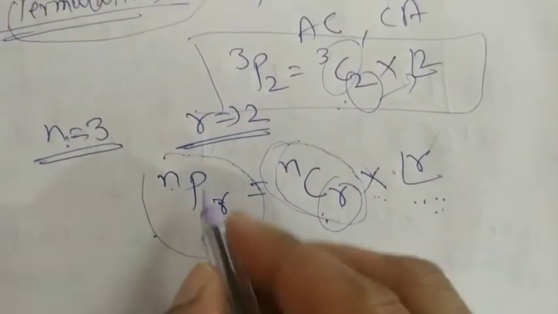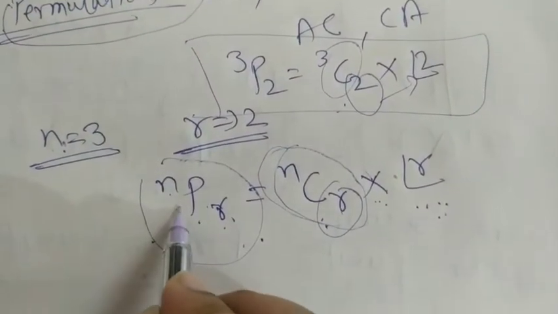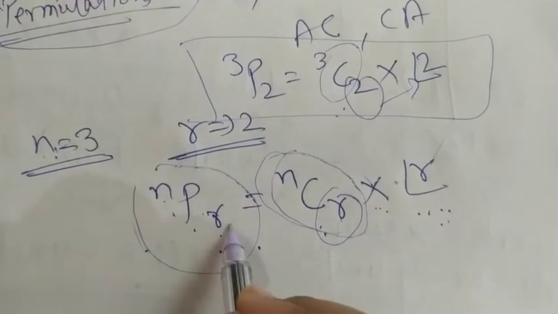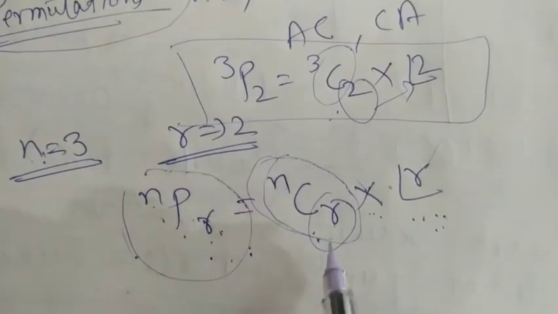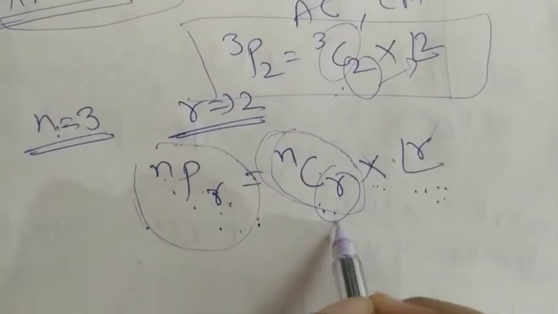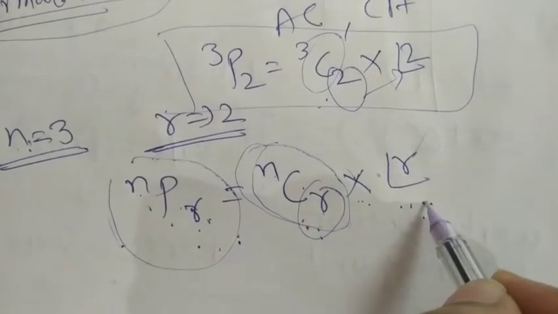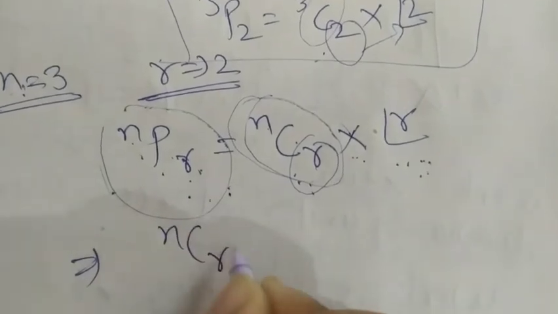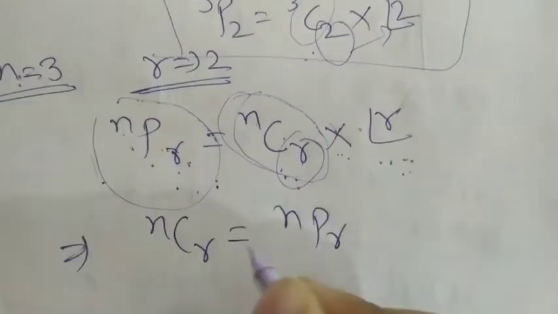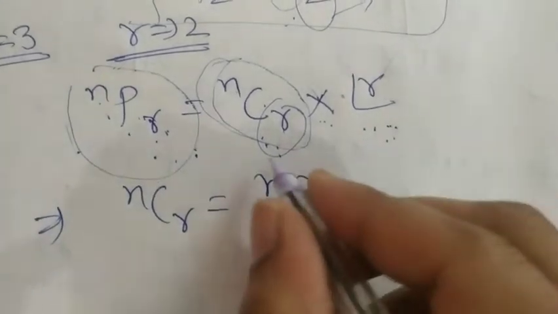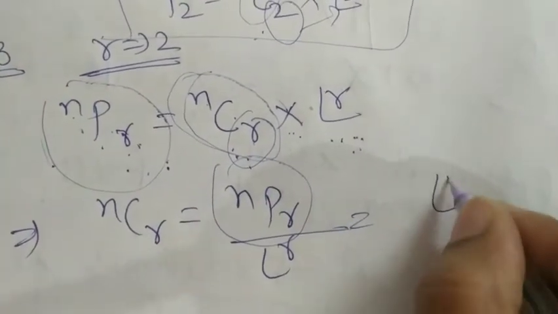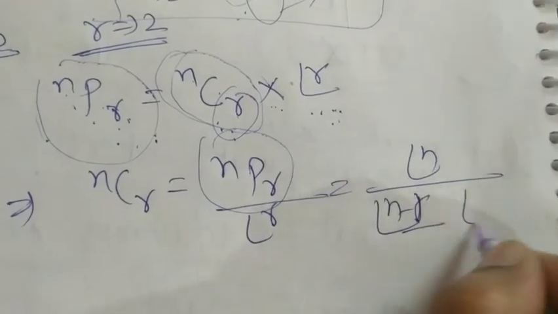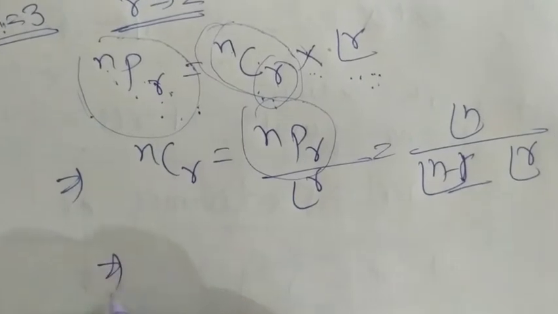Now if I have n objects total, and from that I am to take r objects at once, then the total number of permutations will be equal to taking r objects as a group and after that arranging them. So I can write here nCr will be equal to nPr upon factorial r, and the value of this is equal to factorial n upon factorial n minus r, and this is factorial r.